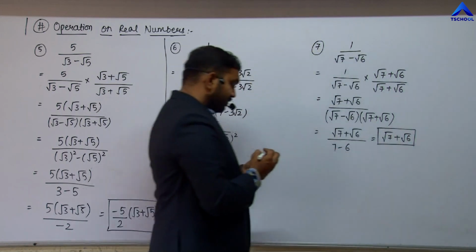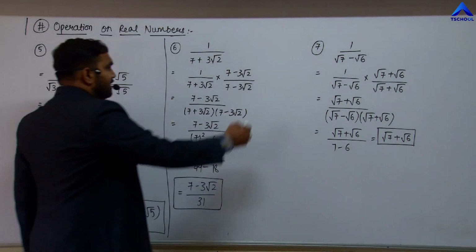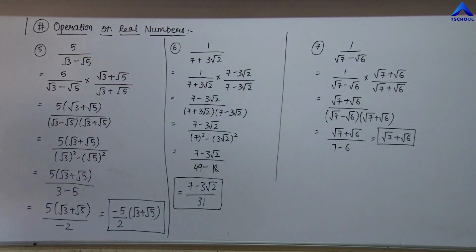Friends, got it? Right? And hence we can say that now we know each and every type of sum where we need to rationalize the denominator. Is it clear, friends? So in this way we can rationalize the denominator.